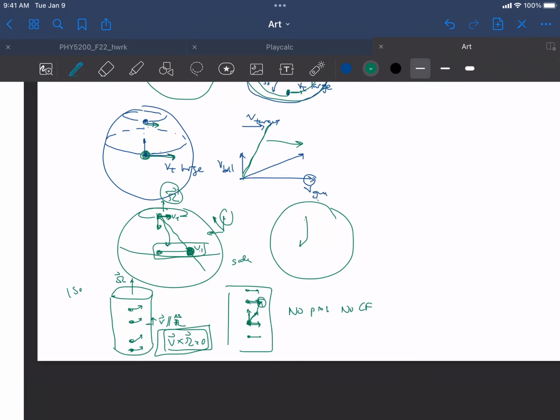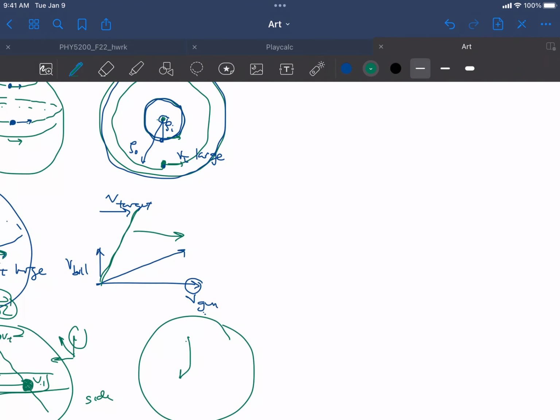An interesting exercise for you to do is to imagine what happens to projectiles if they're exactly at the equator. What happens if I fire something due east exactly at the equator? The Coriolis force is actually up in that case.